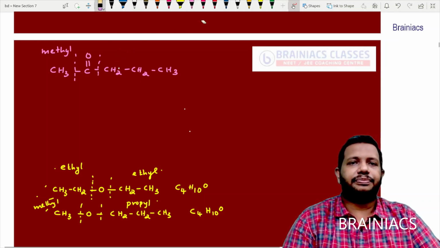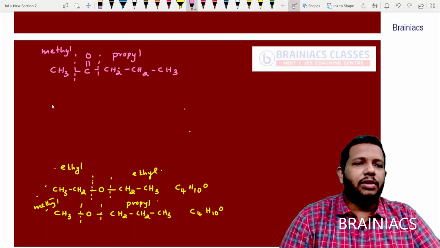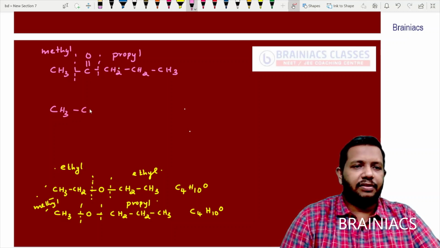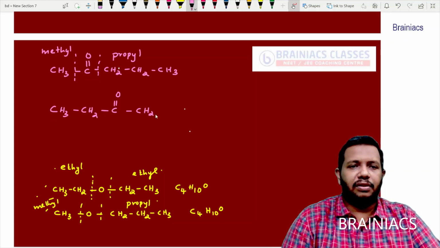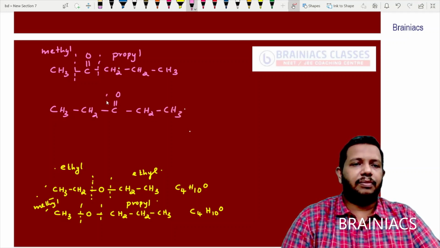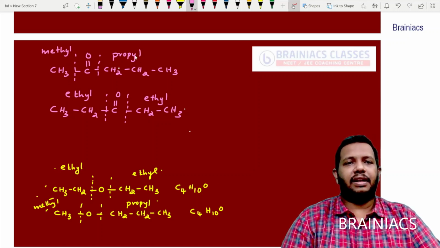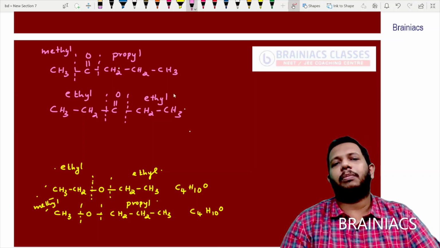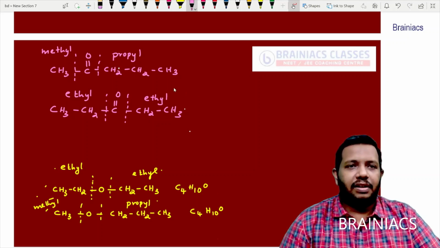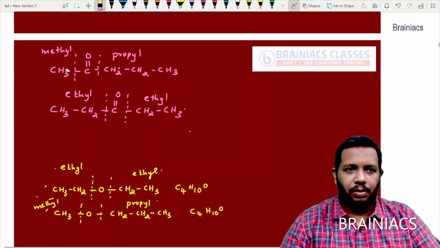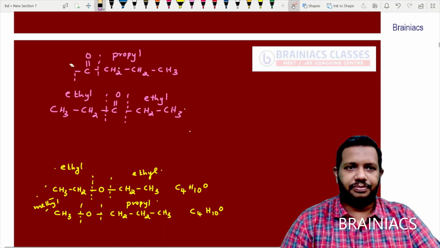This is propyl. Correct? Now I can do the arrangement in another way: CH3, CH2, then C double bond O, then CH2, CH3. Here you can easily see this is ethyl and this is also ethyl. So one is methyl and propyl, the other is ethyl and ethyl, and they are different compounds with the same molecular formula. That is the reason why a minimum of 5 carbon atoms is required for a ketone to exhibit metamerism.